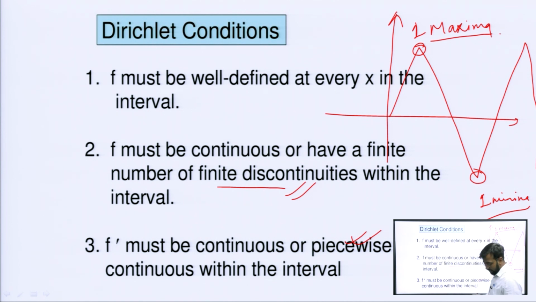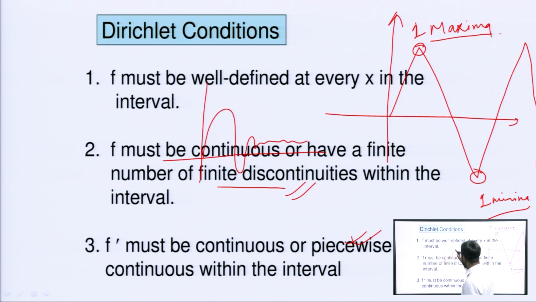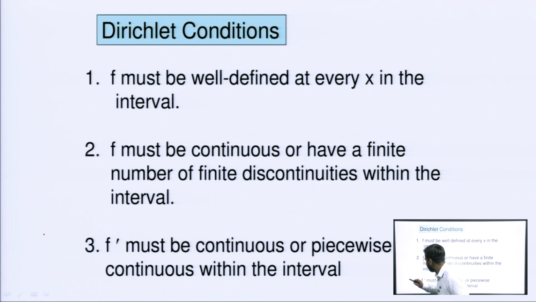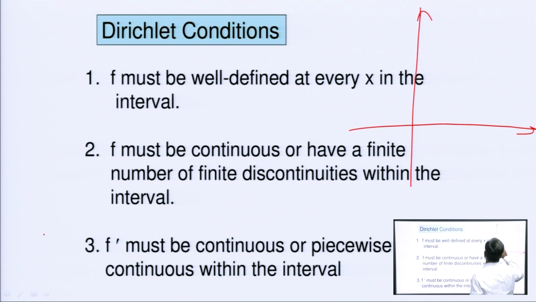Whereas, suppose I draw a signal like this, you can see there are lots of maxima and lots of minima. Let me draw it on a broader scale. Suppose a function is like this, and again from here it is going.